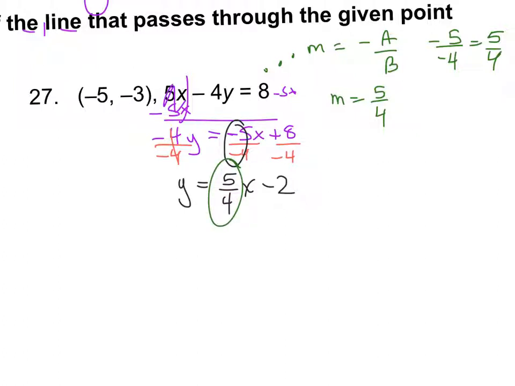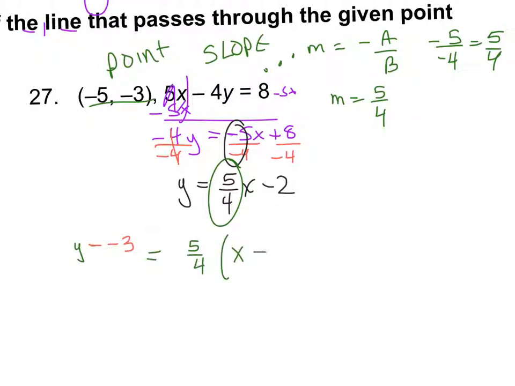I know I'm parallel, so I know that my slope is 5/4. Here's my point. Point slope, right? You're given a point, and you look at the slope, so you use point slope. y minus y1 is equal to m times x minus x1.